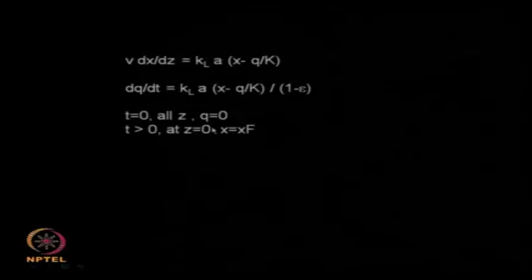Whereas in a tubular design not only time comes in, the Z also comes in, because the concentration of the solute along the axis of the bed will also vary. That is the main difference between a tubular design and a stirred tank design.